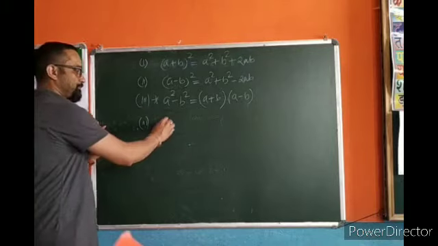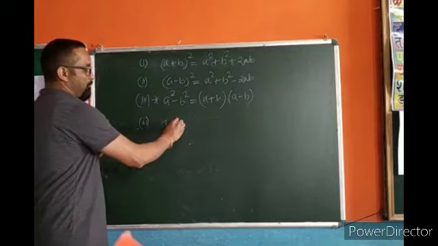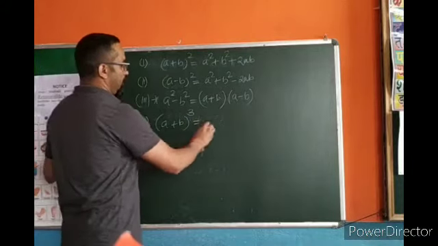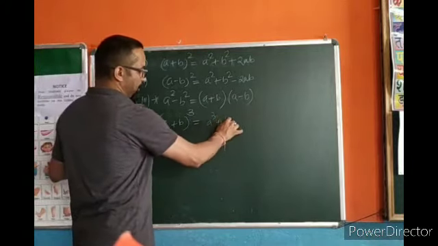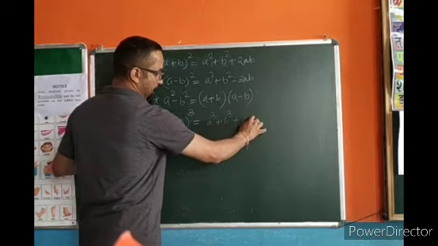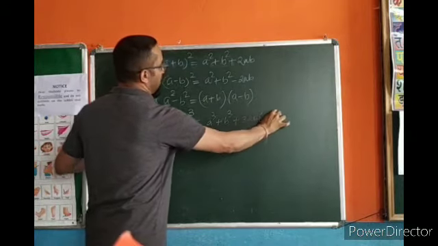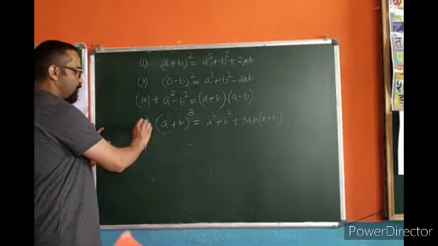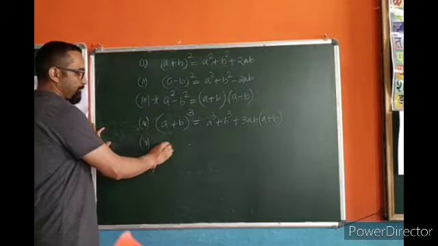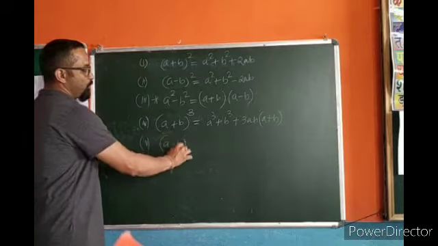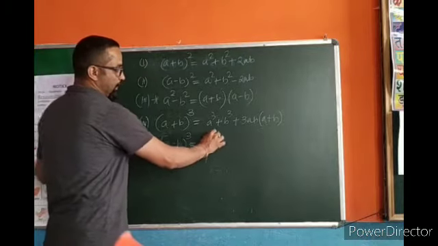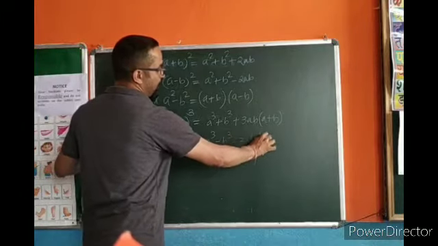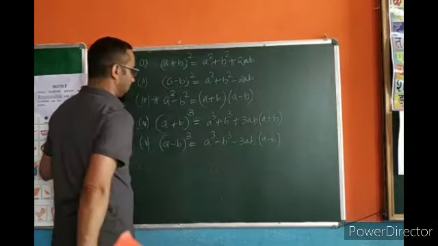Fourth one, a plus b whole cube. It is a cube plus b cube plus 3ab, a plus b. Now fifth one, a minus b whole cube, a cube minus b cube minus 3ab, a minus b.